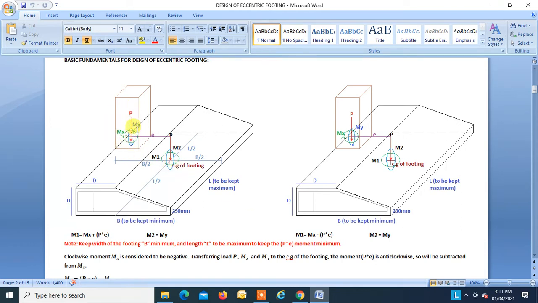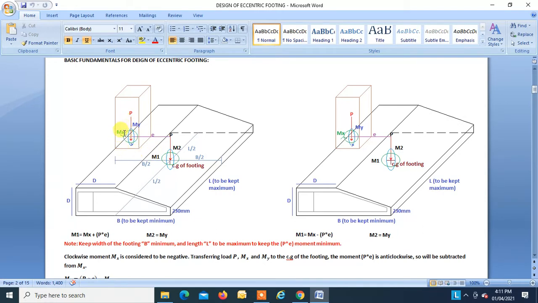So when you transfer these loads and forces to the CG of the footing, you will have a moment M1 over here. This moment M1 will be Mx.